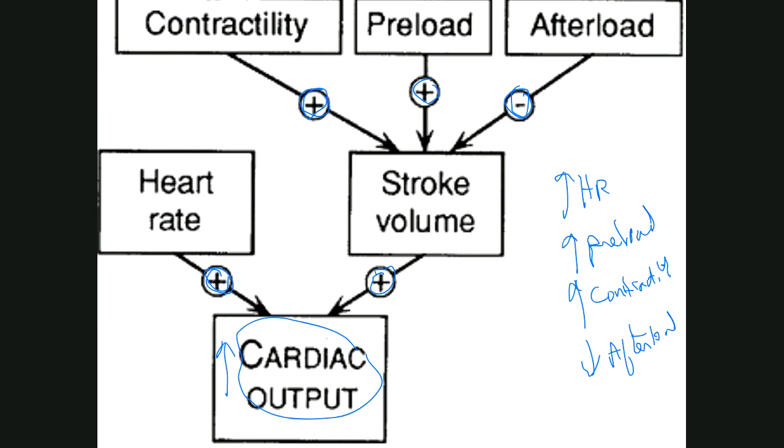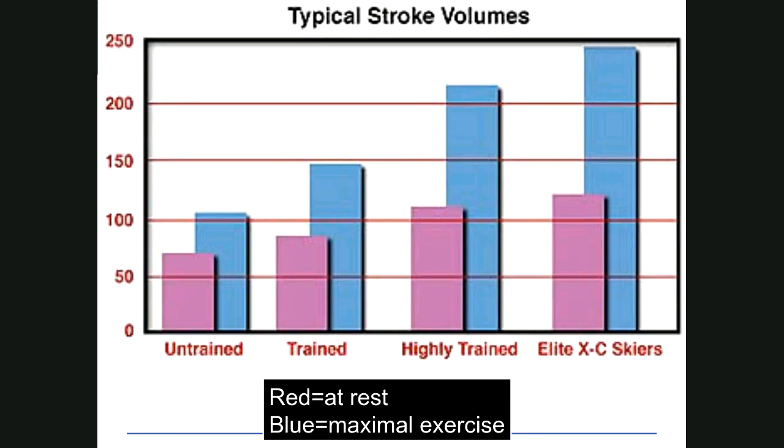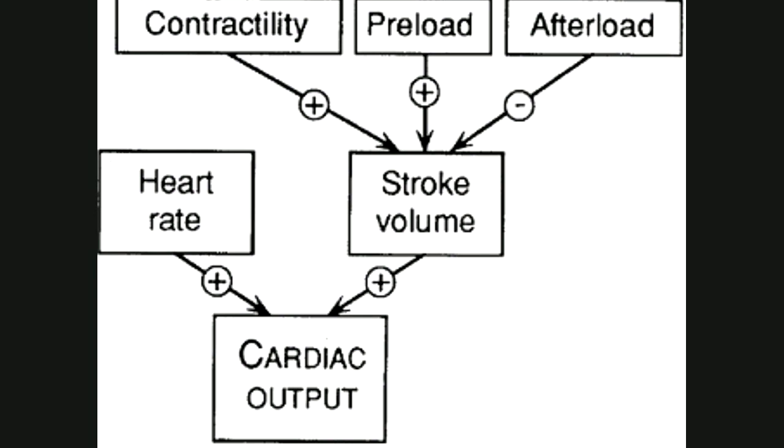So look, we had an equation. Let's back up. We had an equation for cardiac output. What was it? Cardiac output equals heart rate times stroke volume. But we also now have an equation for stroke volume. What was that?